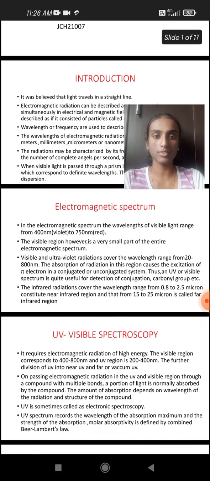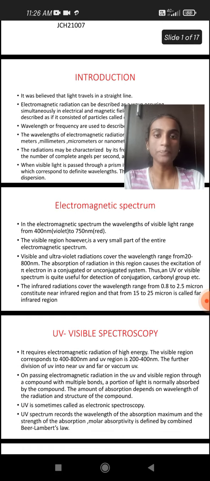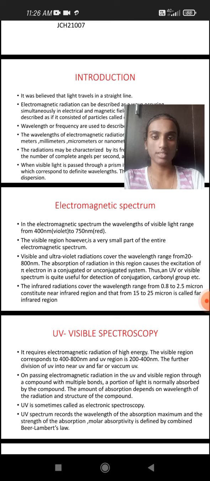Next, coming to the electromagnetic spectrum. In the electromagnetic spectrum, the wavelength of visible light ranges from 400 nanometer to 700 nanometer. The visible region, however, is a very small part of the entire electromagnetic spectrum. Visible and ultraviolet radiations cover the wavelength range from 200 to 800 nanometer.